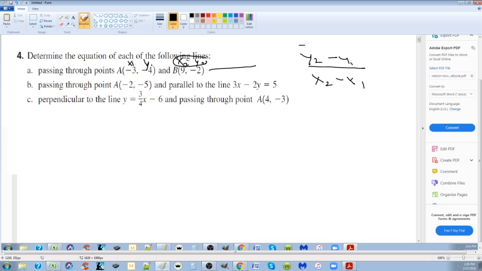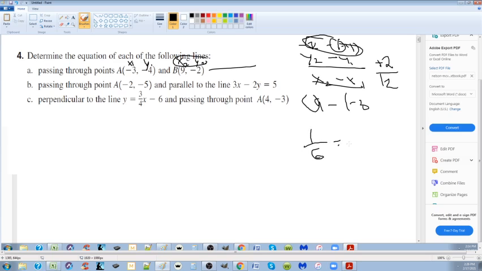So we get -2 minus -4, and we get 9 minus -3. So -2 minus -4 is +2. It's the same as -2 plus 4. And 9 minus -3 is the same as 12. And this simplifies to 1 over 6. So boom, we have the slope.